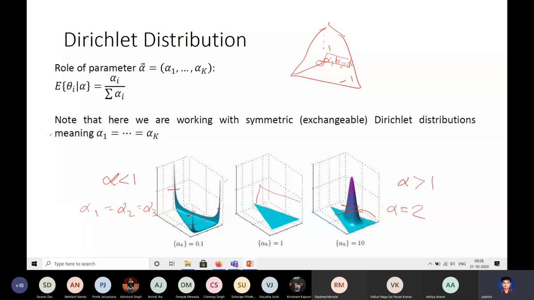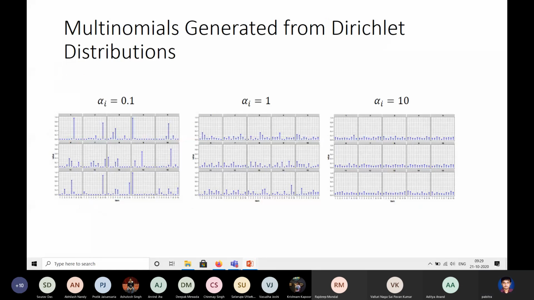It is a vector containing P1, P2, P3, up to Pk, and the vector represents the probability of the outcome being 1, 2, 3 up to k. So each of these boxes is a sample, one point drawn according to the Dirichlet distribution.